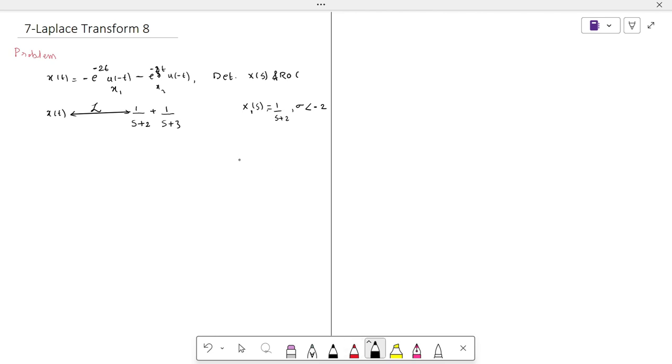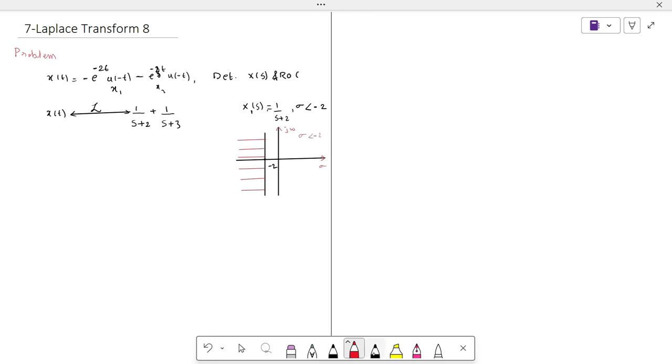So this is less than, so this is left side. This is sigma and this is j omega.